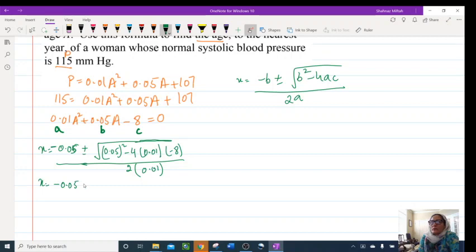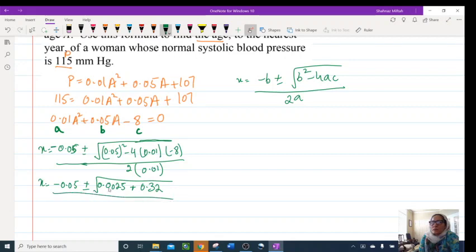X equals -0.05, positive or negative. When you square them, use a calculator, and it's going to give me 0.0025. This is positive, negative times negative is going to give me positive, and when you multiply all these three numbers, it's going to give you 0.32, and these are in the square root.